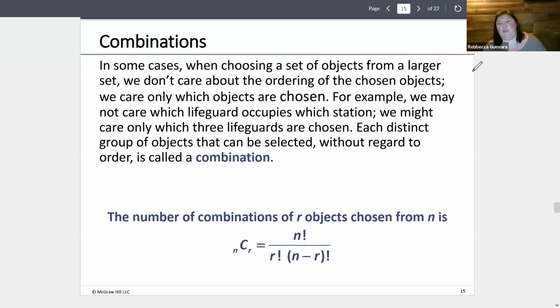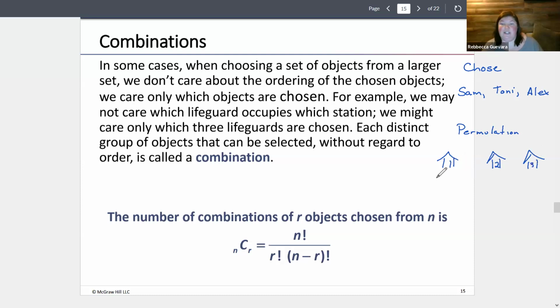So if you go back to that lifeguard problem, let's say we choose Sam, Tony, and Alex. Those are my 3 people chosen for lifeguard duty. In a permutation, we have different towers, or different lifeguard stations: station 1, station 2, station 3.